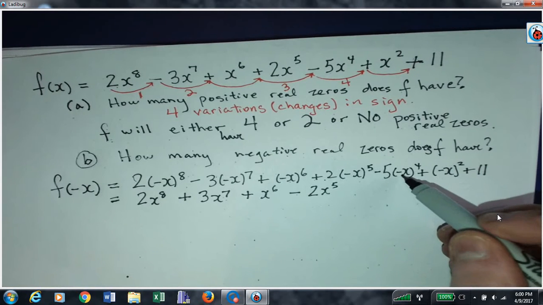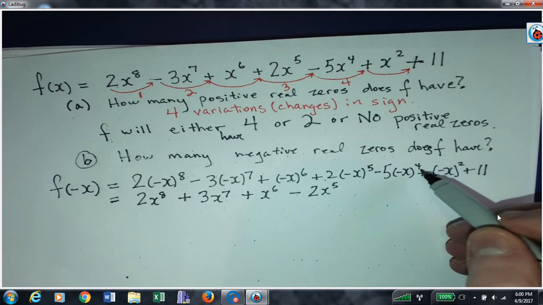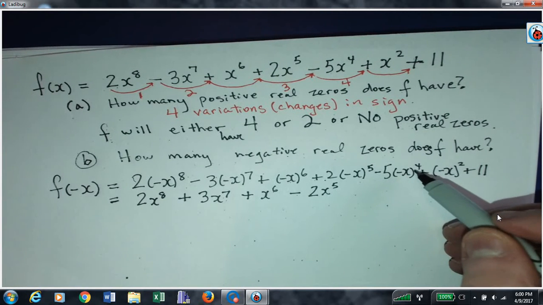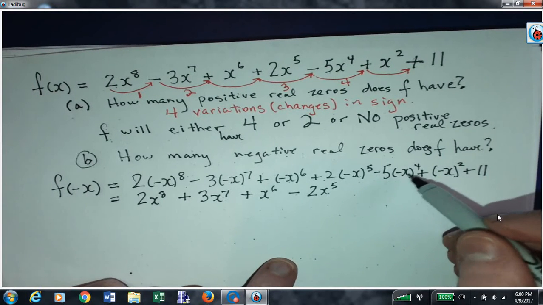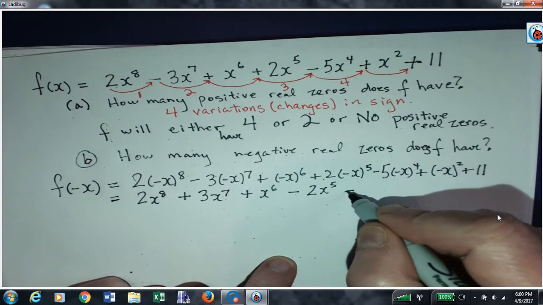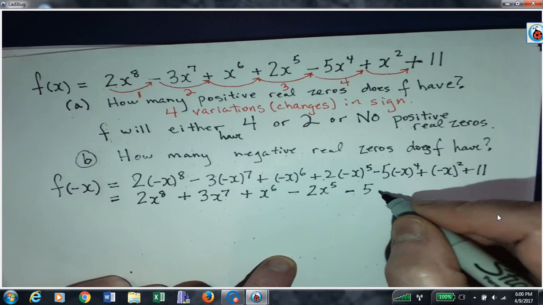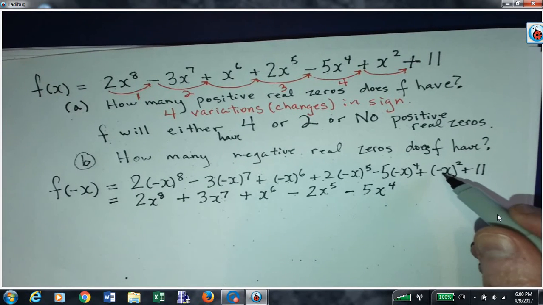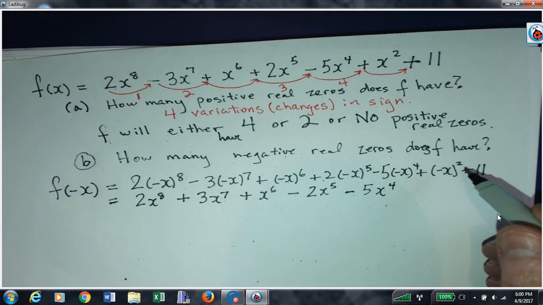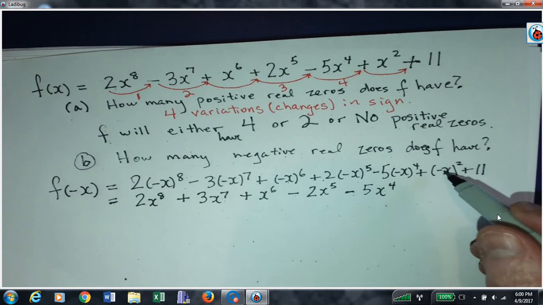What happens to the negative sign inside here? The exponent is even. It goes away. So I will have this negative symbol, but that one goes away. What happens to the negative sign inside here? The exponent is even, it goes away.